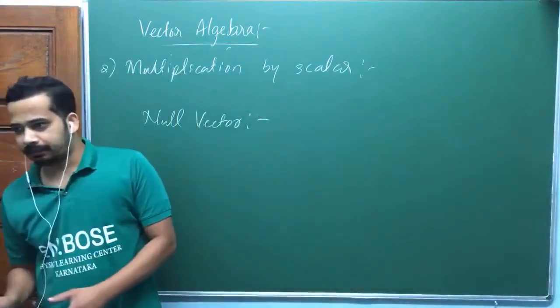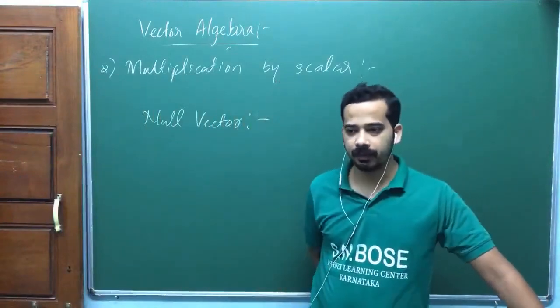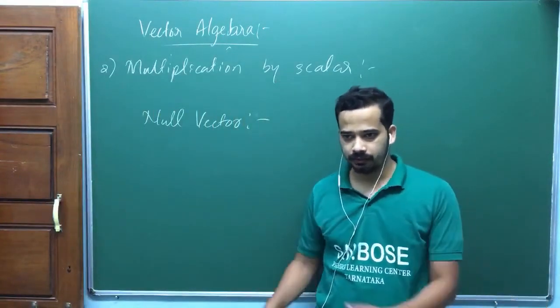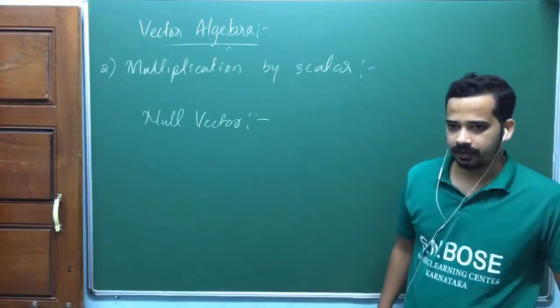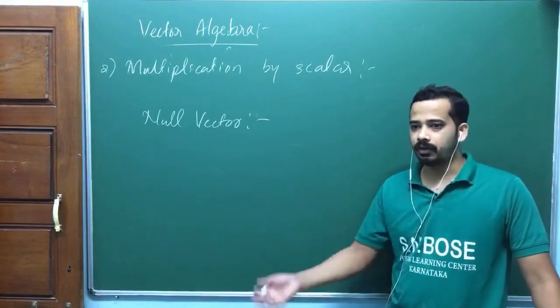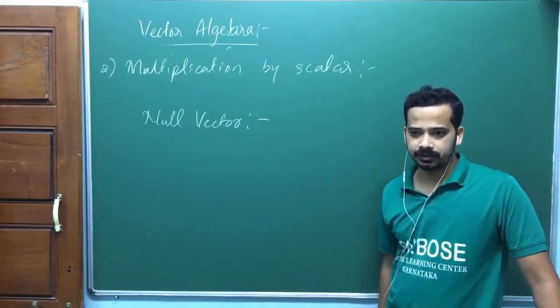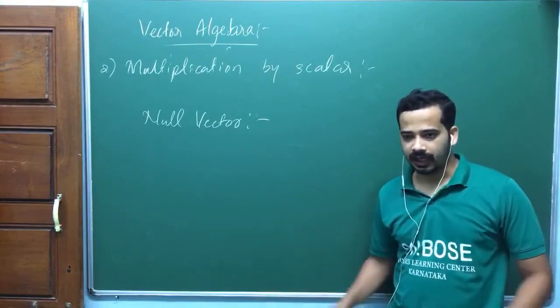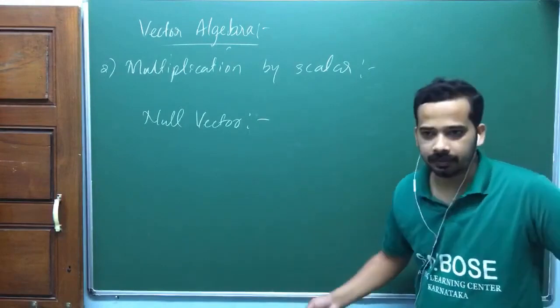If you have 4 apples and 5 apples, okay, how many total number of apples you have? You have a basket of 4 apples plus a basket of 5 apples. So what is the total number of apples you have? 9 apples, isn't it? So again, apple plus apple is equal to apple. 4 apple plus 5 apple is equal to 9 apple.